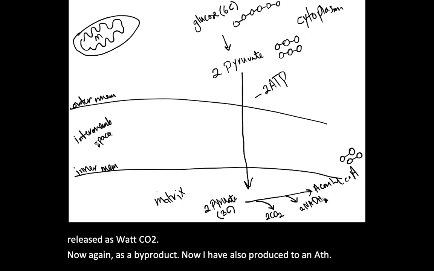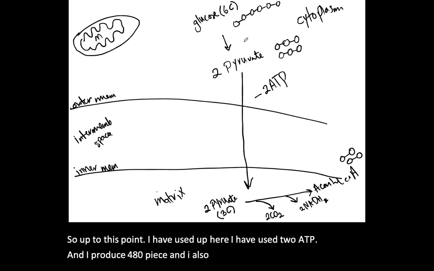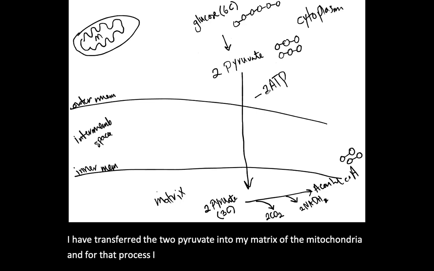So up to this point, I have used 2 ATP and produced 4 ATPs, and I also produce 2 NADH. I have transferred the 2 pyruvates into the matrix of the mitochondria, and for that process, I use about 2 ATP.